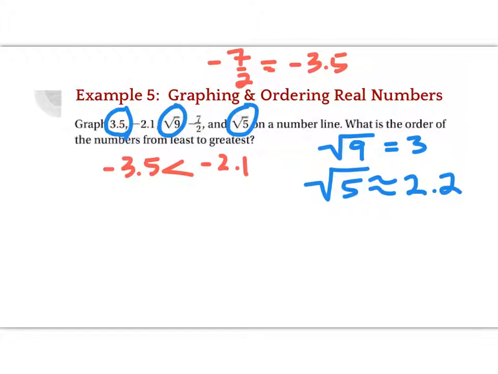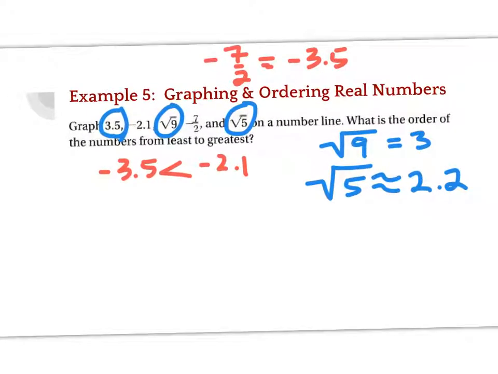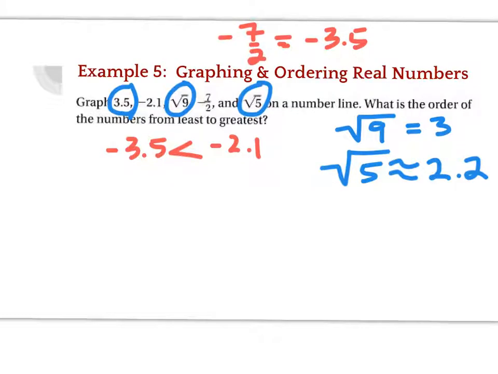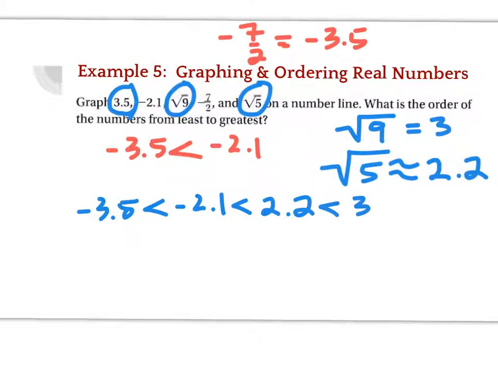And of course we have 3.5. So now ordering these, well, we'll just put these here, negative 3.5, negative 2.1. The next smaller number is positive 2.2, then it's 3, and then it's 3.5. So that's ordering them.